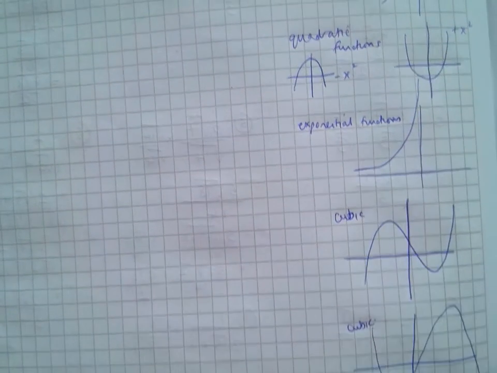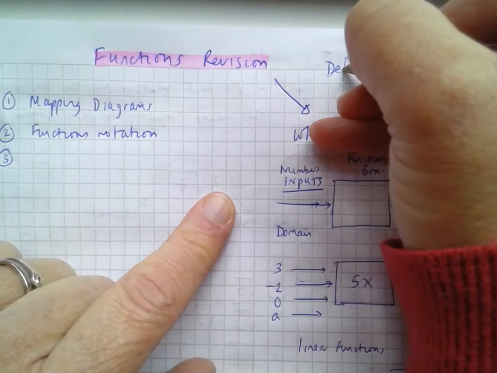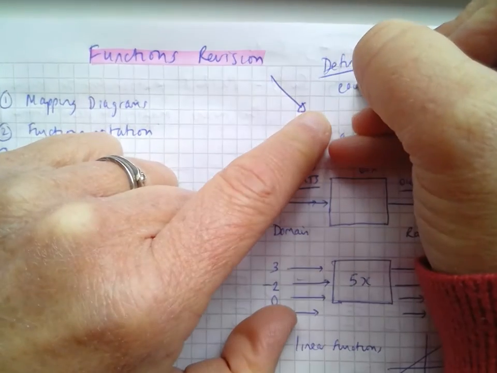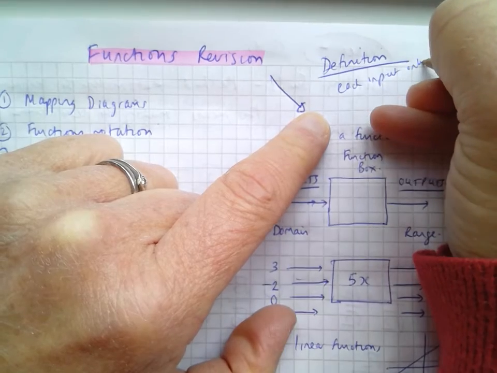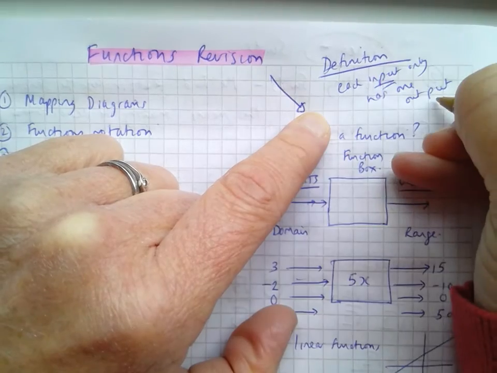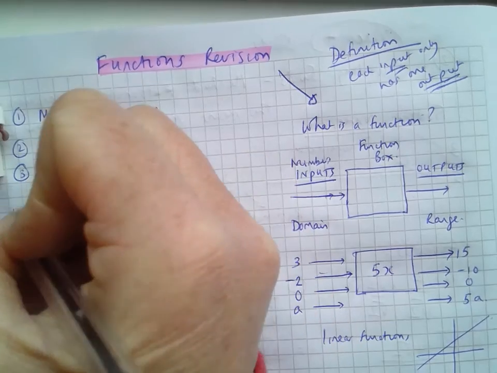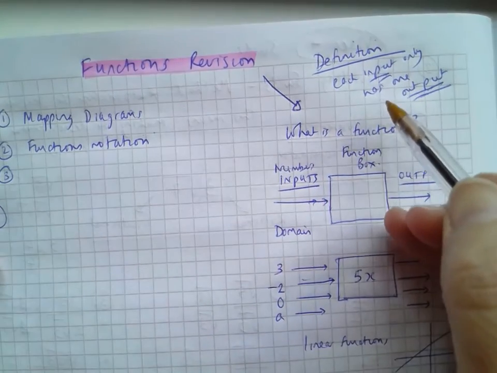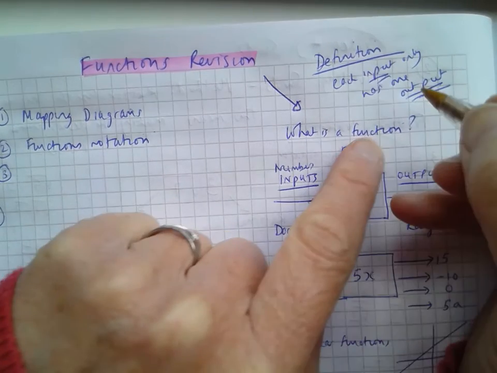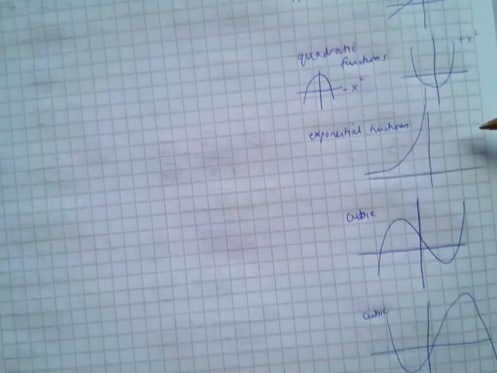And in fact, the definition of a function, because these are also called relations, is that each input only has one output. When we come to mapping diagrams, that's very important: the definition of a function is each input only has one output. In other words, for each x, there's only one y. So these are graphs of functions here.